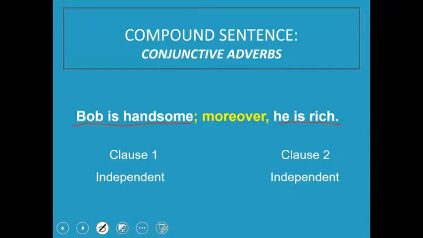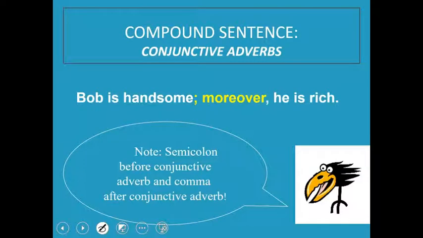Bob is handsome, he is rich, are sentences that can stand by themselves. But when we put them together, we get a compound sentence. We got two clauses and one conjunctive adverb. So now the semicolon is before the conjunctive adverb and a comma after the conjunctive adverb. So we're going to always have a semicolon and a comma when we use this.